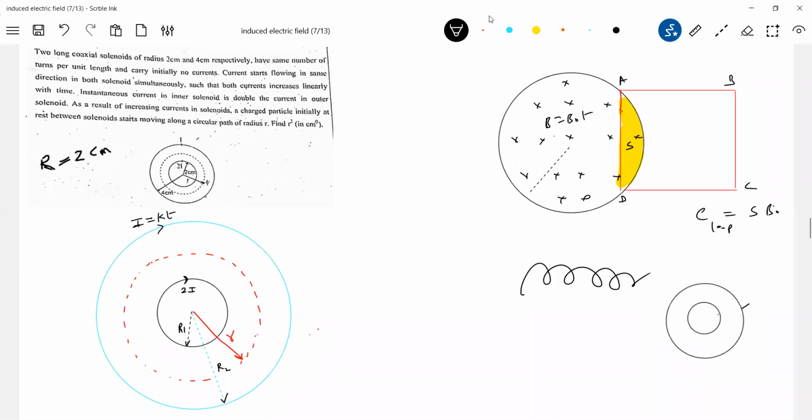I'll bring the charge exactly at this point. It'll be easy for us to show tangentially. This will be E bar. So how to calculate that E? E is the induced electric field.